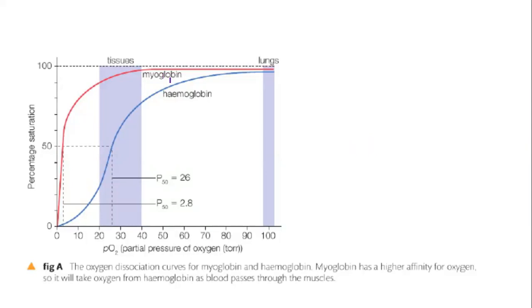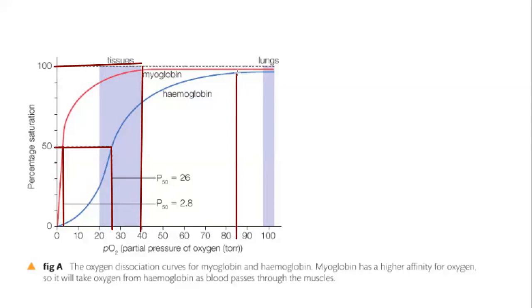Myoglobin has a much higher affinity for oxygen than hemoglobin, meaning that it binds to oxygen much more readily.